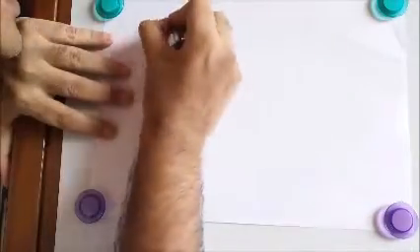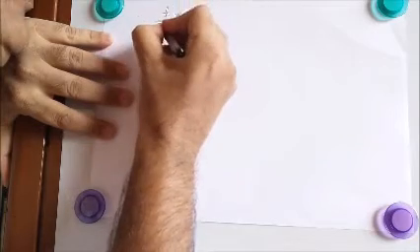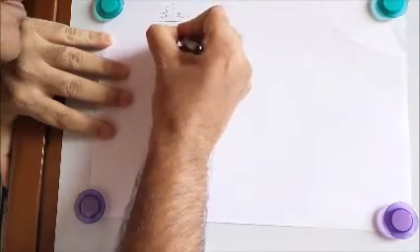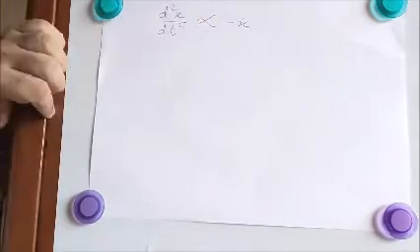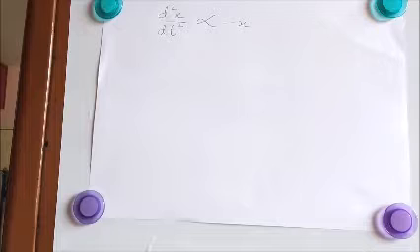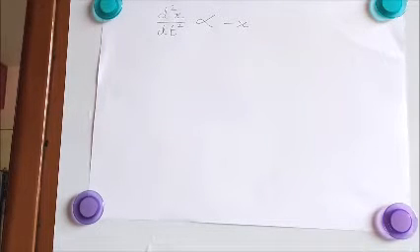Any function of time is simple harmonic if d2x by dt square is proportional to minus of x. So any function of t will oscillate simple harmonically if d2x by dt square is proportional to minus x.